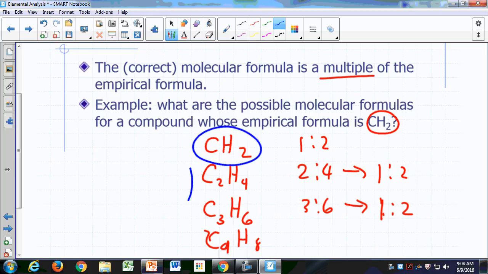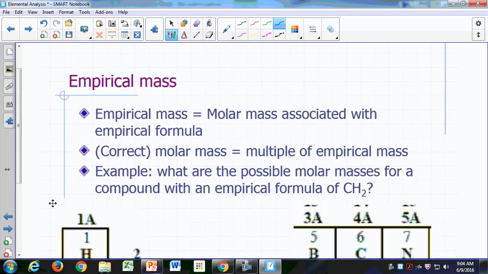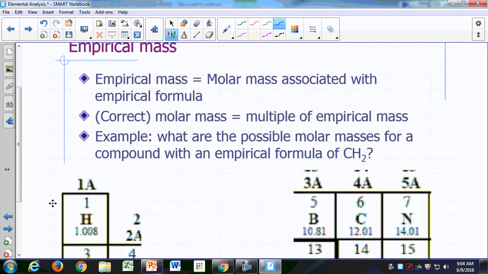So it's really a matter of determining what the actual subscripts are after you've determined the empirical formula, to get to the molecular formula. The one additional piece of information you need is the correct molar mass, which you find experimentally.